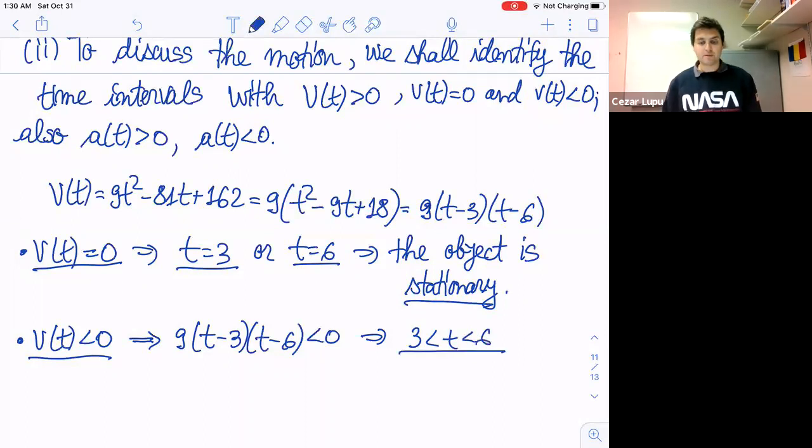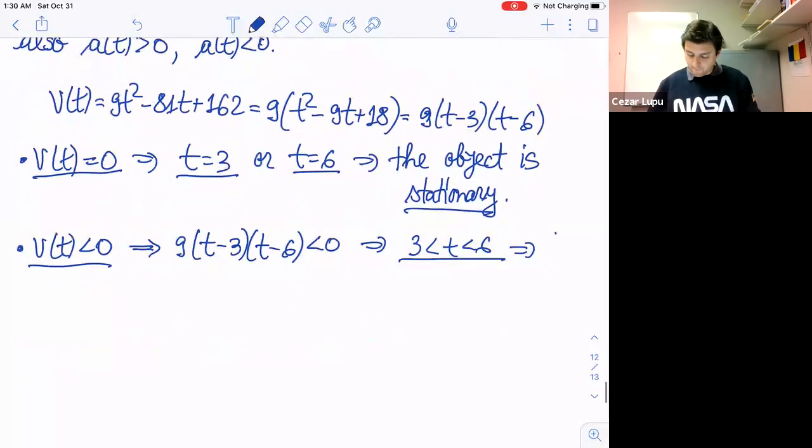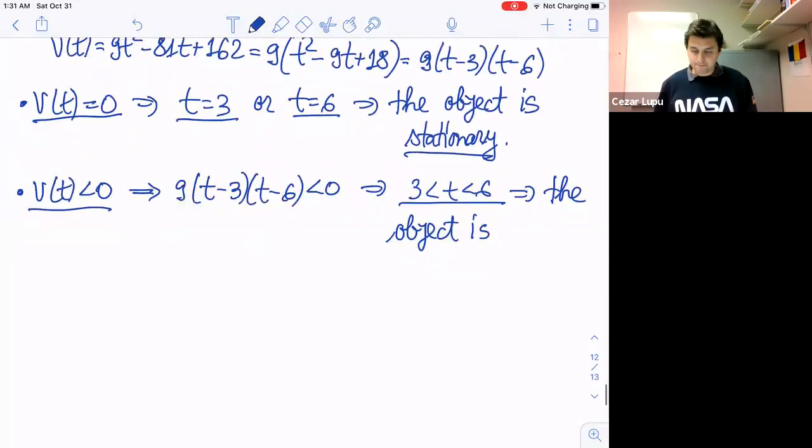So we can say that the object is retreating on the interval 3, 6.